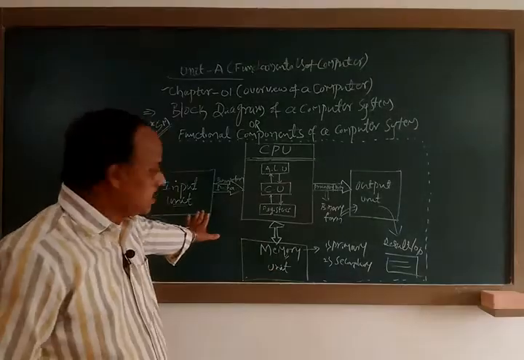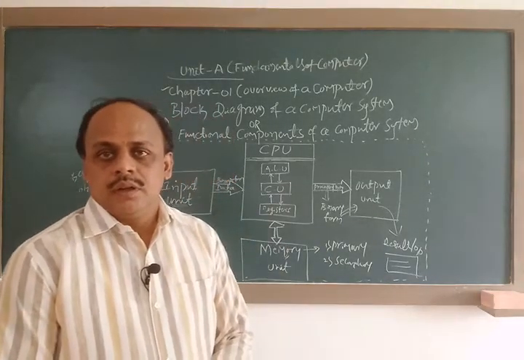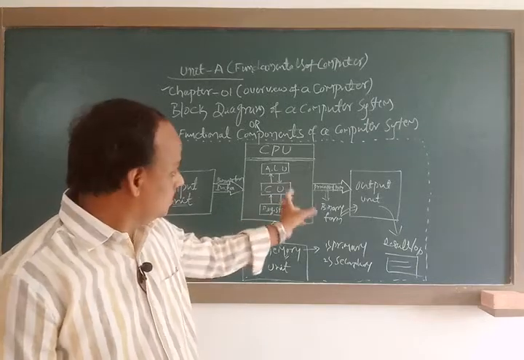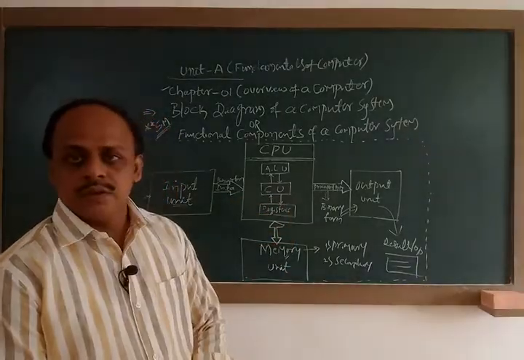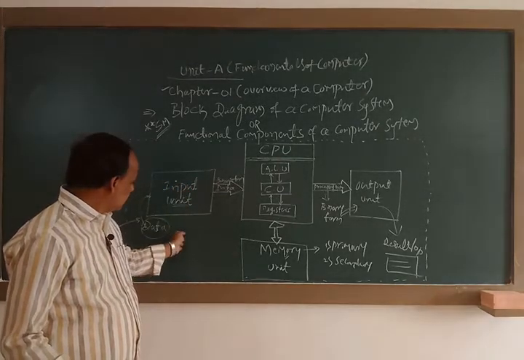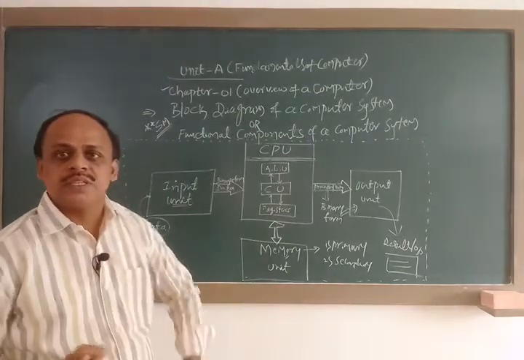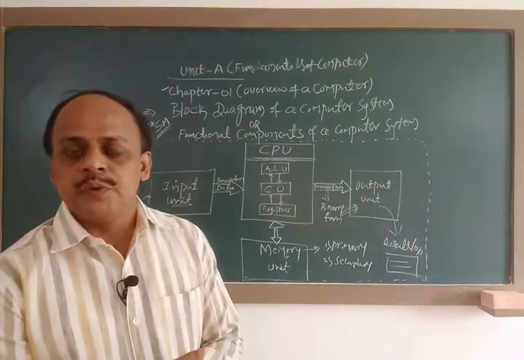So after drawing a neat diagram like this, explain each unit. Consider the first unit, the input unit, and write 2-3 sentences on what is happening in the input unit.